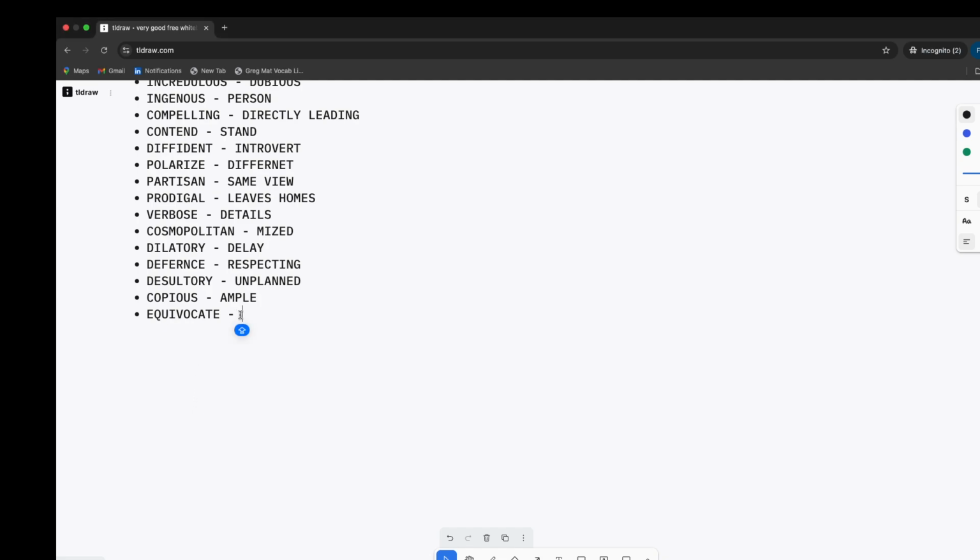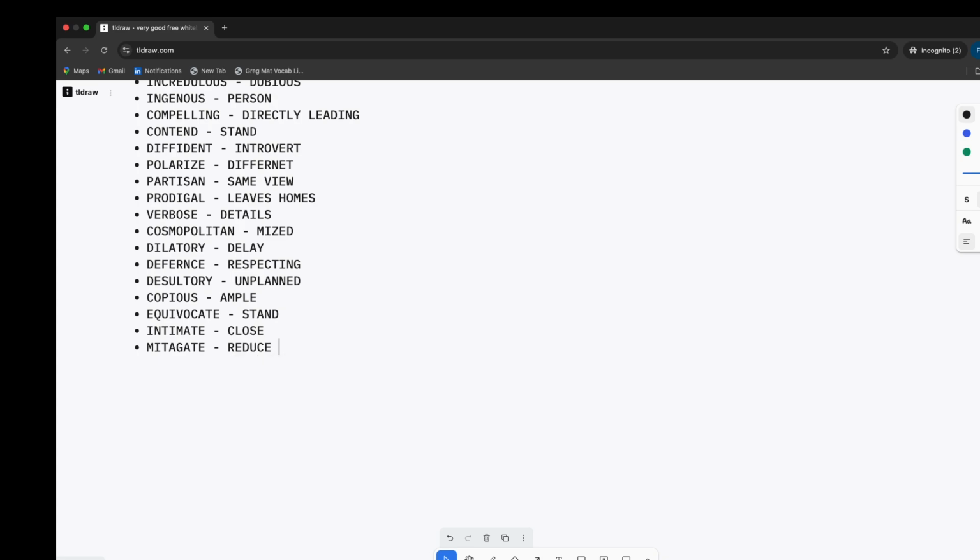He supports both of them, so he can't take a stand. Incendiary was fire. Inimical is damaging, harmful. Intimate is close, so you are in a very close relationship. Then mitigate is to reduce.